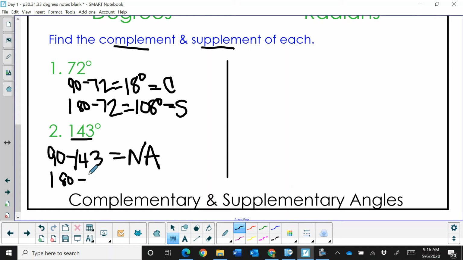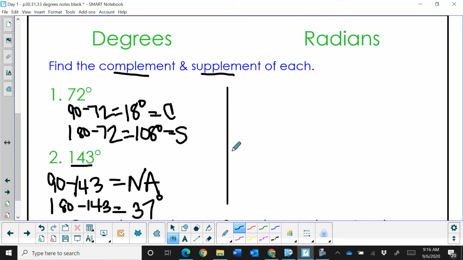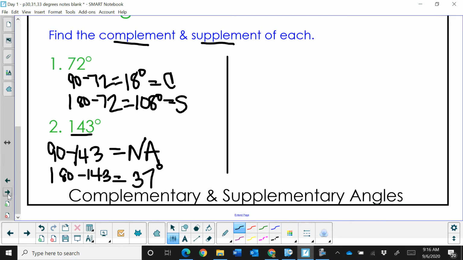So if I take 180 and I subtract 143, I get, what's that going to be, 37 degrees. So this one does not have a complement, but it does have a supplement of 37 degrees. Now on this page, notice I've got a line in the center. Tomorrow we're going to look at how to calculate that in radians.